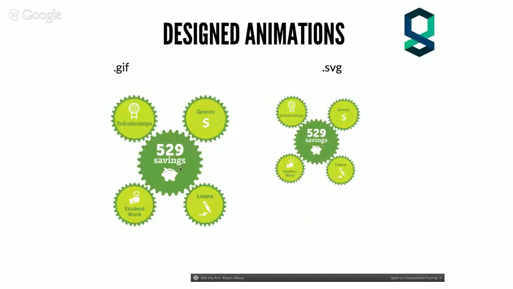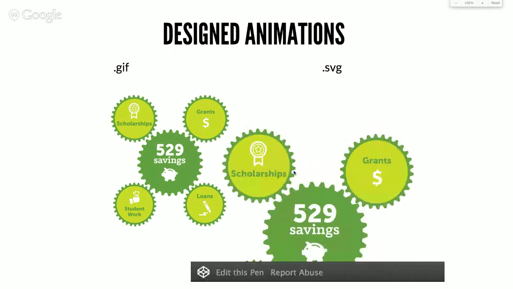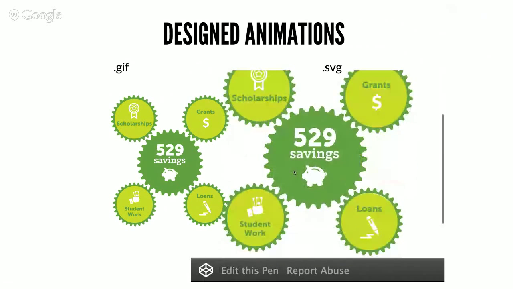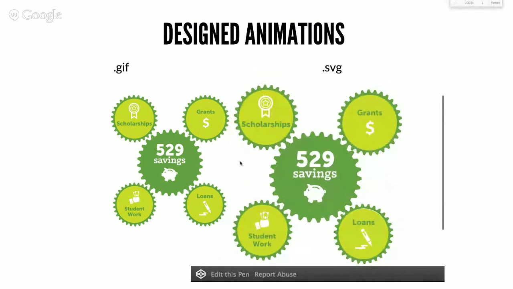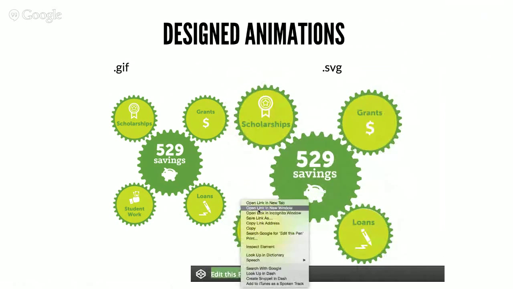So here's the same GIF on the left, and on the right is an SVG version animated with Snap SVG. We can zoom in, and we can see that we can get as big as we want. I'm going to open it up in a new tab, just so you can see.